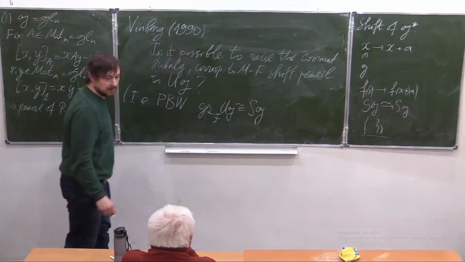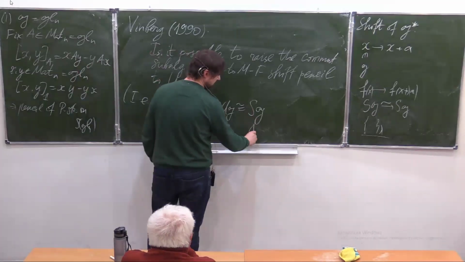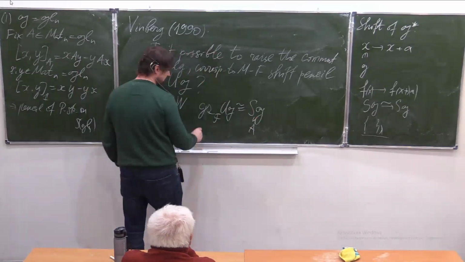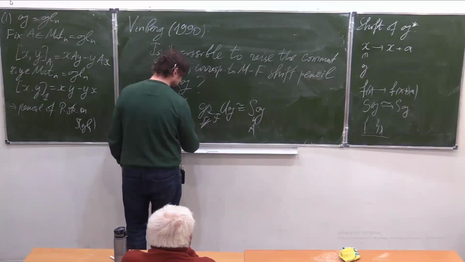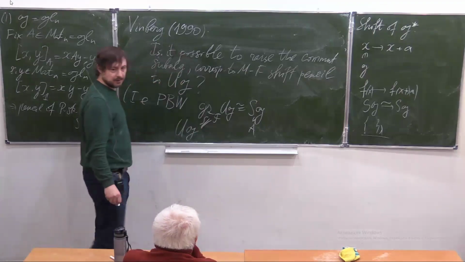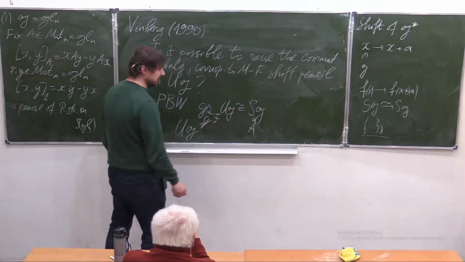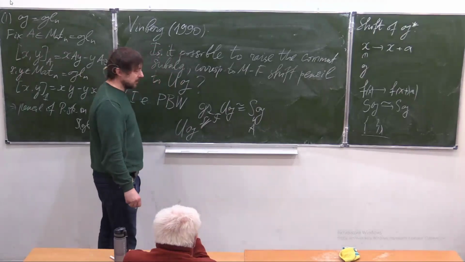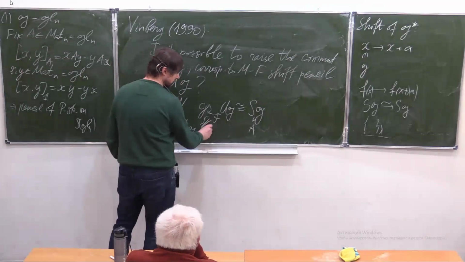So now you have a Poisson commutative subalgebra here, and you can ask whether, so this is linearly isomorphic to UG itself. That's the Poincare-Birkhoff-Witt theorem. You can now ask, like vector spaces, yes, this is a vector space, of course.